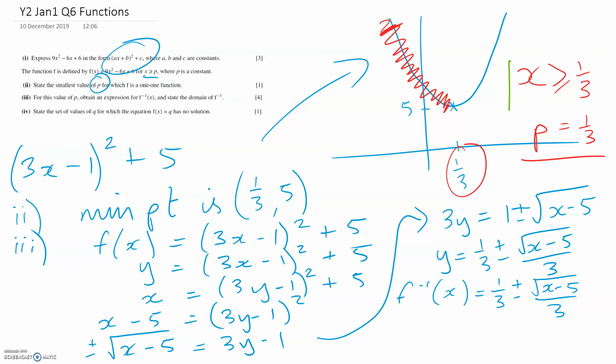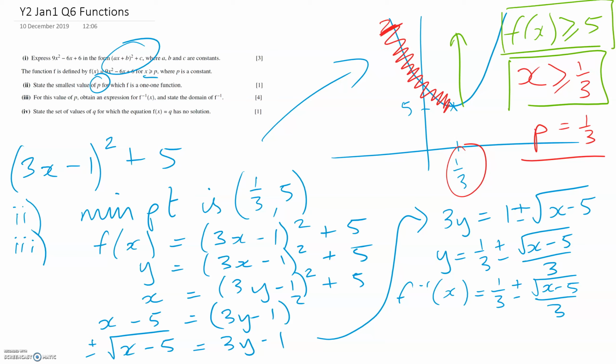So the domain of f(x) is this. The range of f(x), well, you can see the range of the y values, so it's always got to be greater than 5 here, the y values. So this is the range of f(x). This is the domain. I'll just write range here and domain here. Now, that means that the range of our inverse function is going to be the same as the domain of our original function.